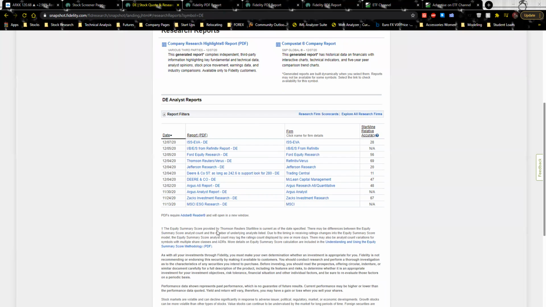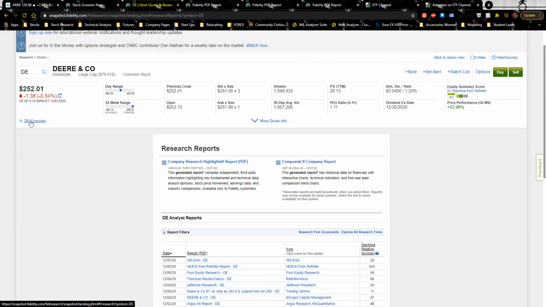Hold up. Okay, usually this is red. I wonder why they didn't put it in red. Is that because they don't think these are really big risks? Y'all have to read it. But yeah, the reports are right there.